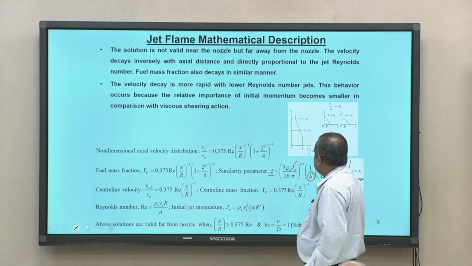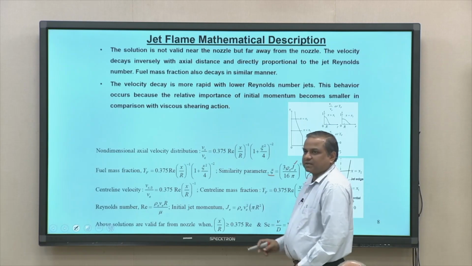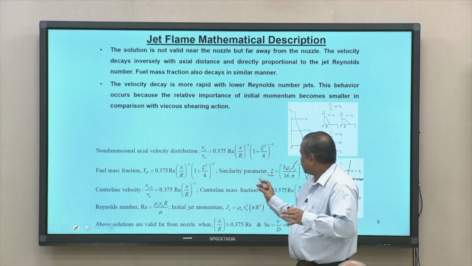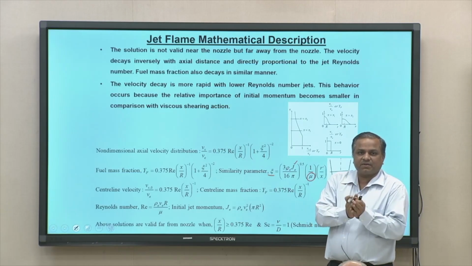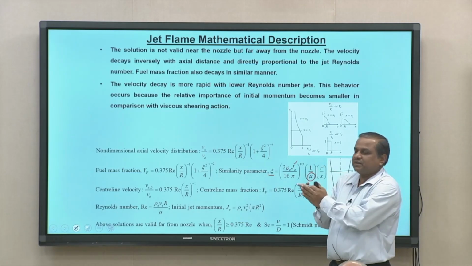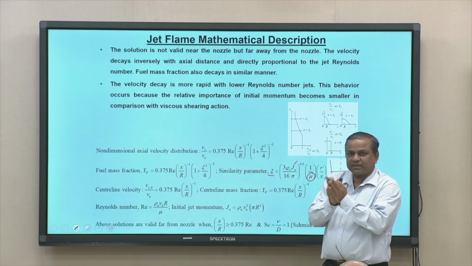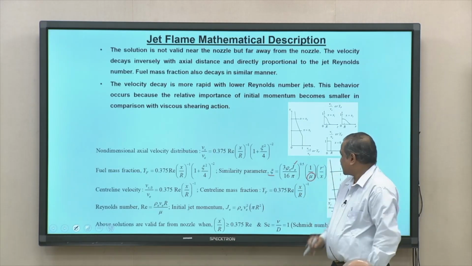One interesting part is that this similarity parameter is a common term which can be used for calculating the velocity decay as well as the fuel mass fraction decay.